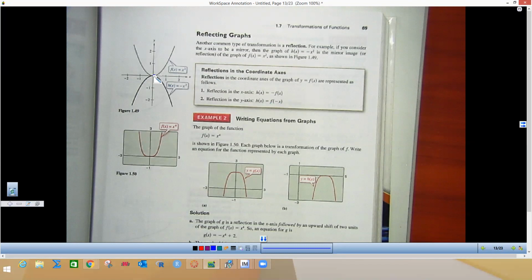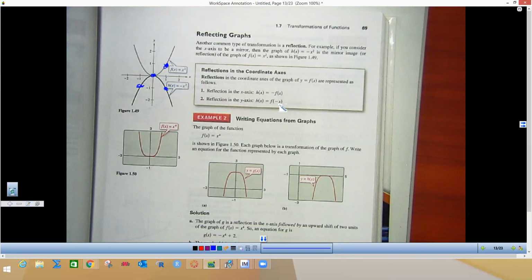So (0, 0), there is no negative 0, so it stays right where it is. The (1, 1) point becomes (1, -1). It makes the y value negative. The (-1, 1) point becomes (-1, -1). So it flips the original function upside down.